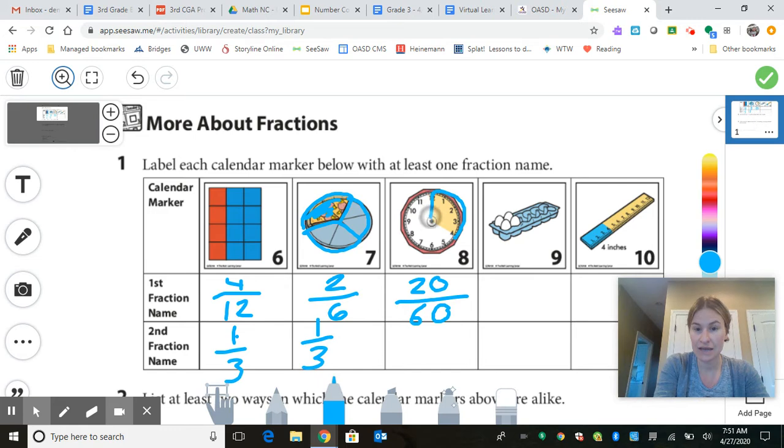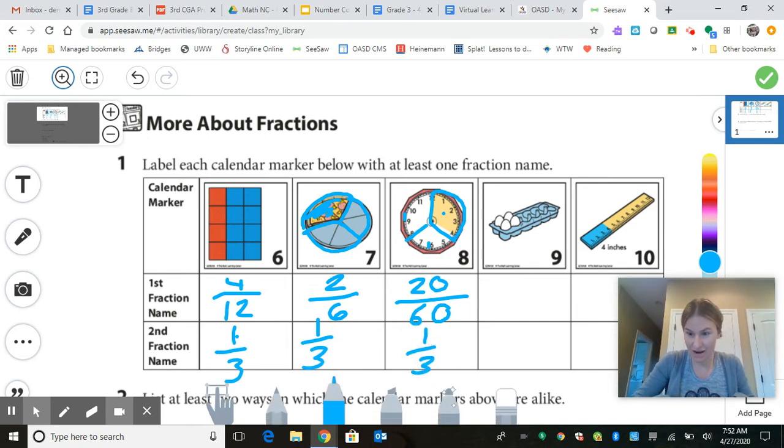But again, I could see that there are 3 groups of 20 minutes. 20 plus 20 plus 20 is 60. And when I see it this way, I see that there's thirds, and 1 is shaded, so it would be 1/3.